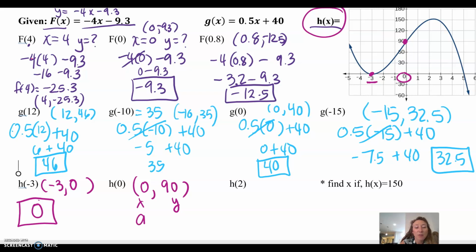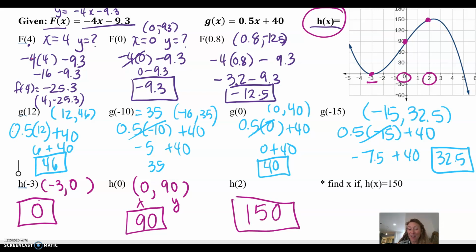So h of 0 equals 90. Because they're just asking us for the y value, I'm just reminding you that it means the ordered pair. But we can just say the answer is the y value. So what about for h of 2? Well, we find 2 on the x-axis. We find the function, it's all the way up here, and we get the answer is 150.